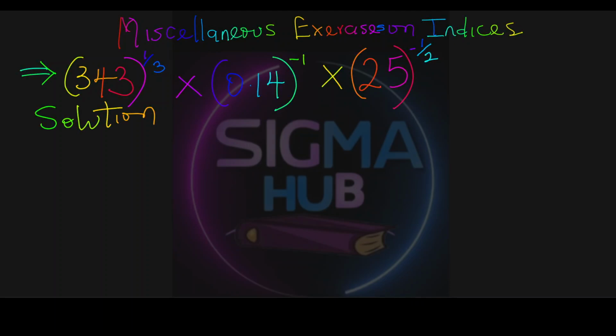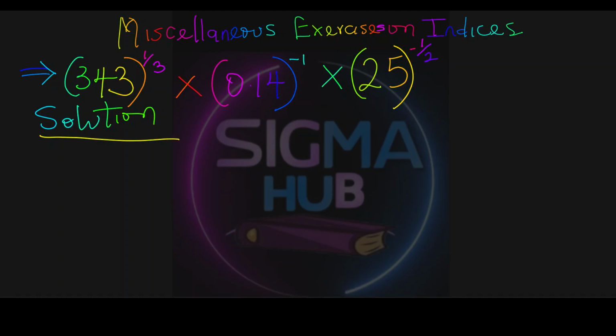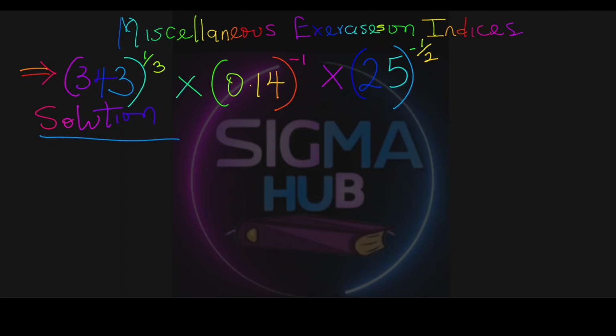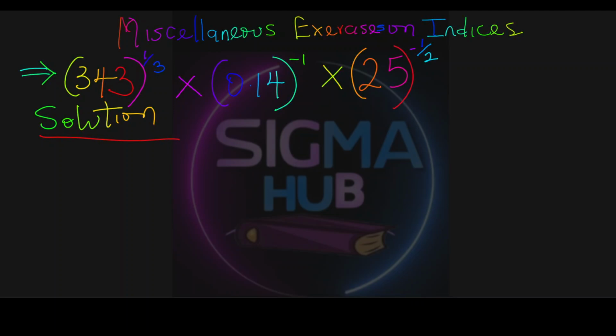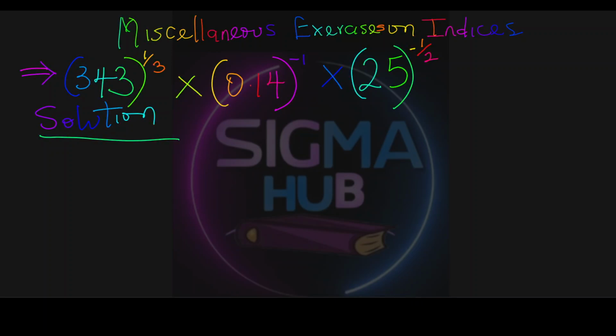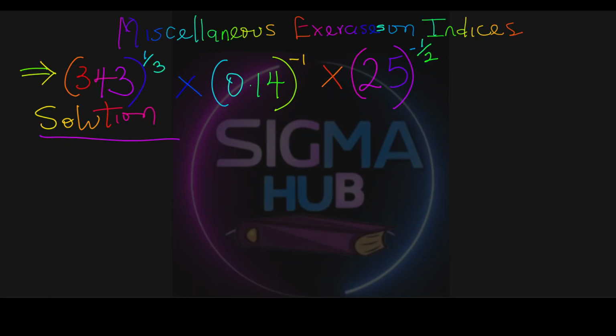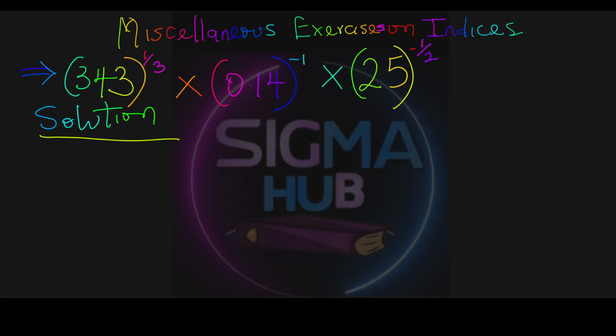So we are going to be applying the laws of indices in solving this. Now, when you have a fractional power, as in the case of 343, it's having a power of 1 over 3, which is a fractional power. So from the fraction, the denominator is going to be the root, while the numerator is going to be the power.